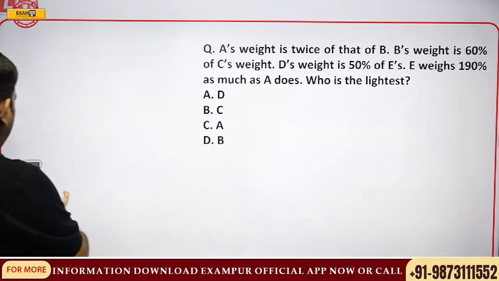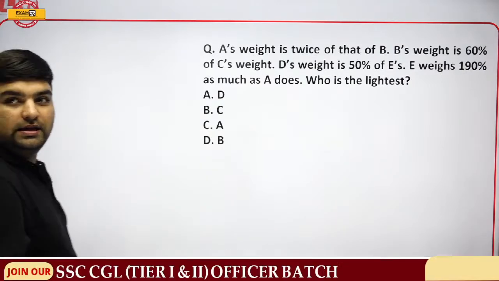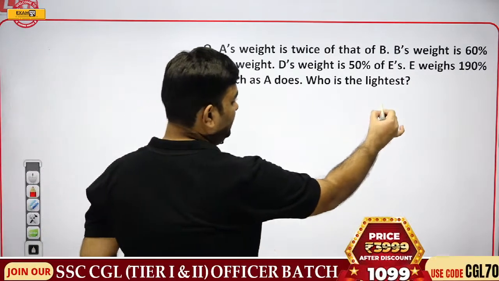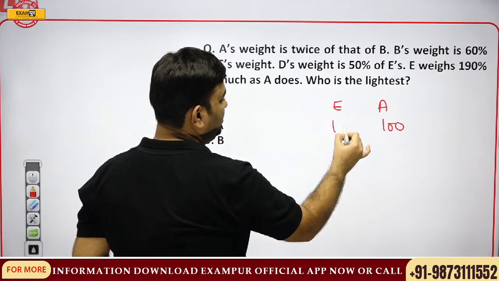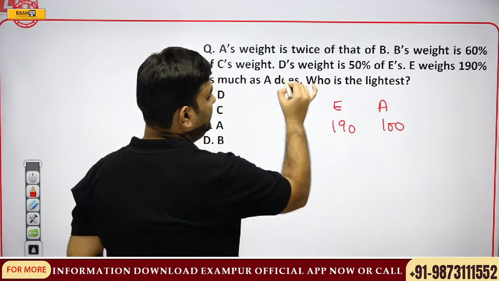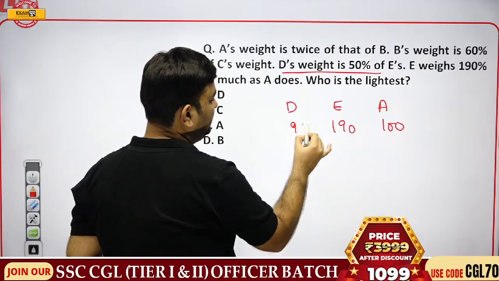E is 190% of A. So if A is 100, E is 190% of it, 190. D is 50% of E, half of this, 95.